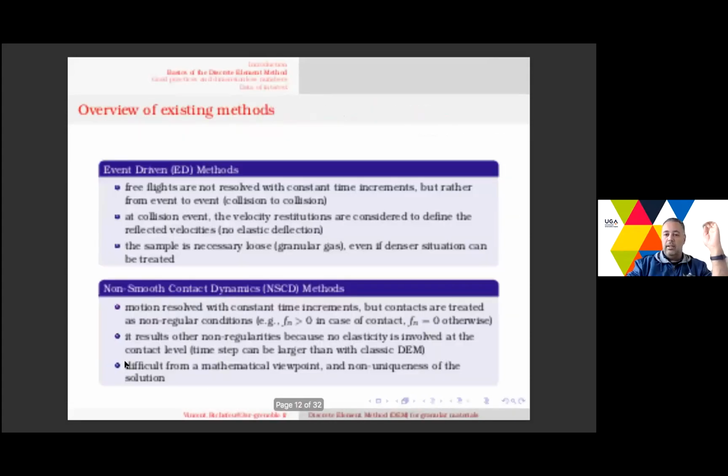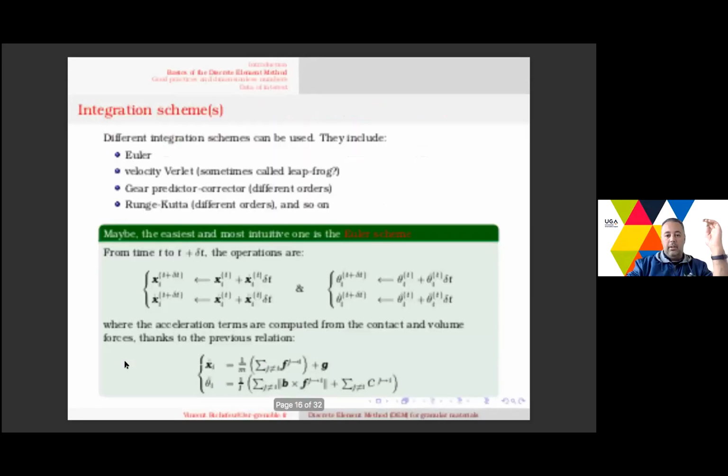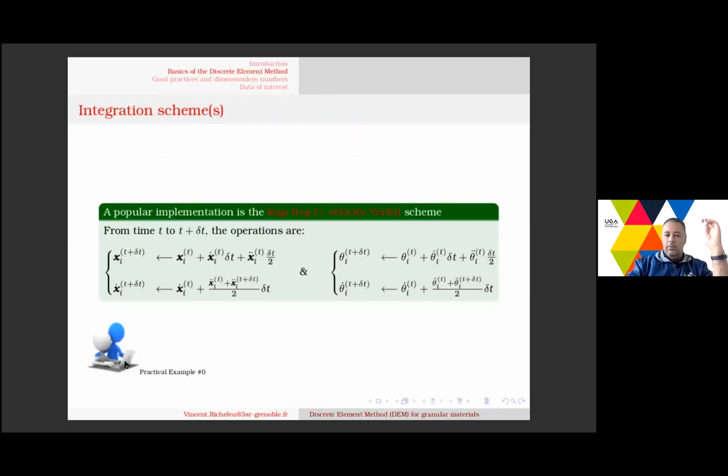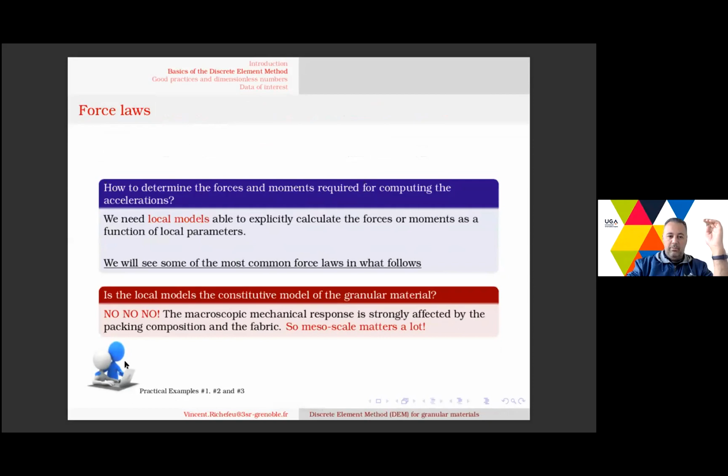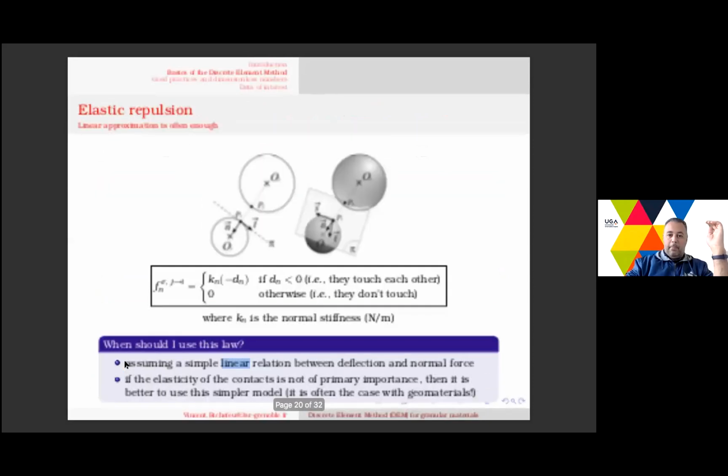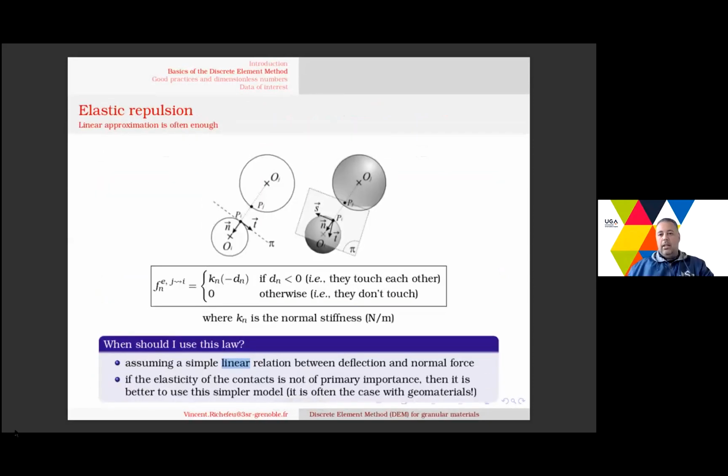It is not always the case, but often the case. I'm sure some people will not be happy with me saying that. But practically, when we use such a law, we do not observe in most applications a difference with the Hertzian model. Okay. So in this case, it's better to use this law.